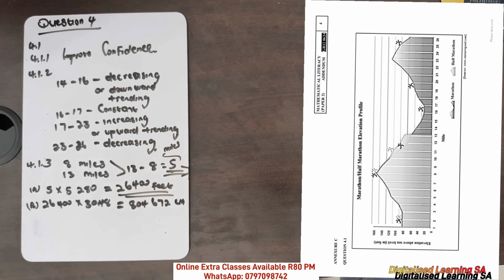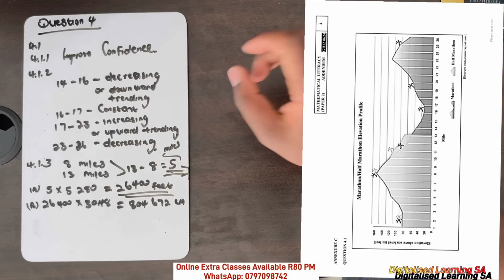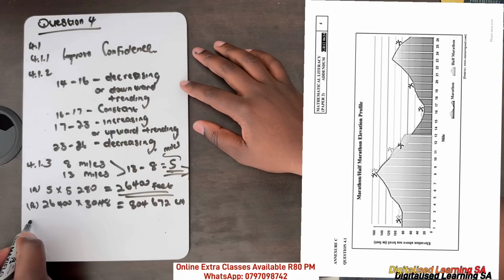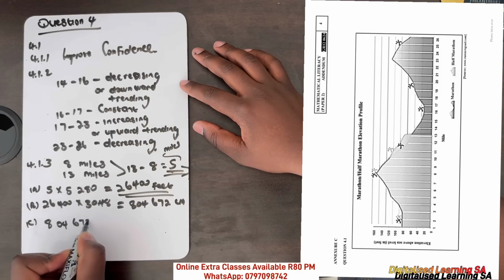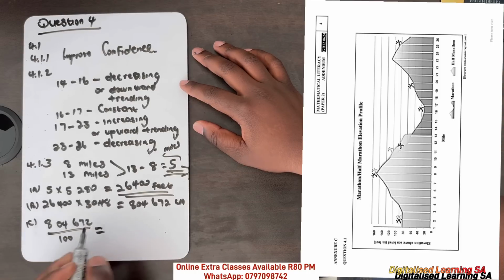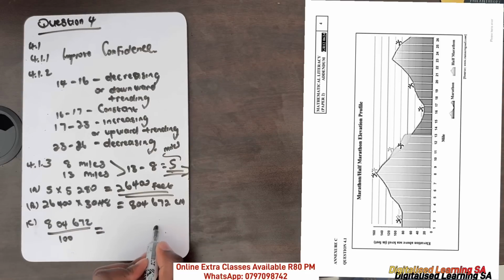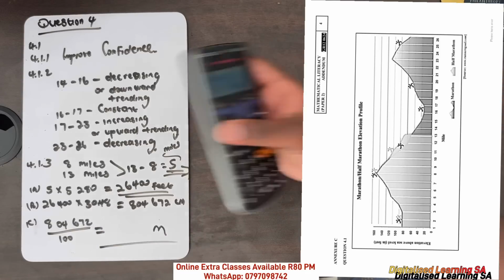And remember guys, we know that it's very easy to convert from centimeters to meters. So we convert from centimeters to meters by just dividing by 100, meaning that our answer will be 804,672 divided by 100. And if we divide by 100, our answer will be in meters.